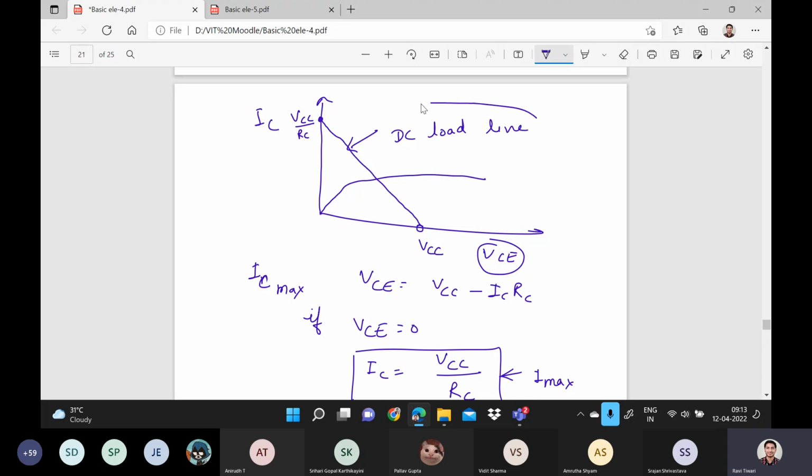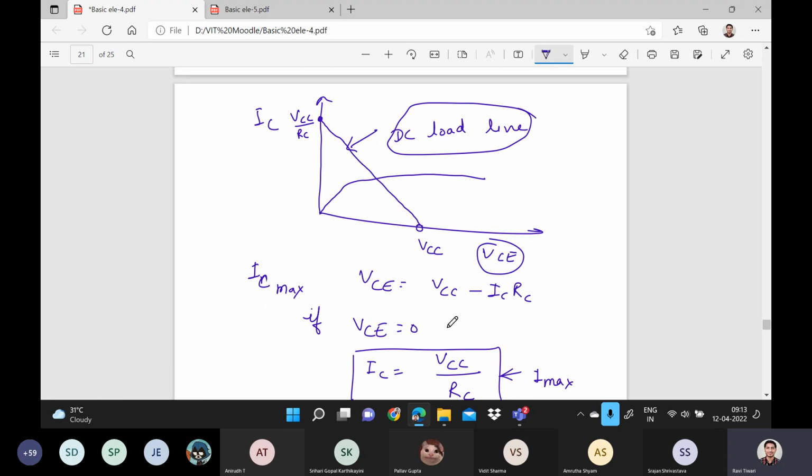Now this is the procedure. Now you see what the DC load line is. As VCC and RC are fixed, the above equation is a first degree equation, hence it will be a straight line on the output characteristic. And this line is called the DC load line.